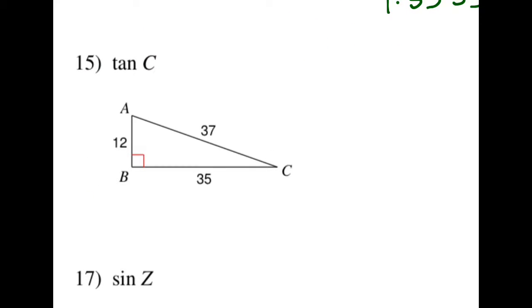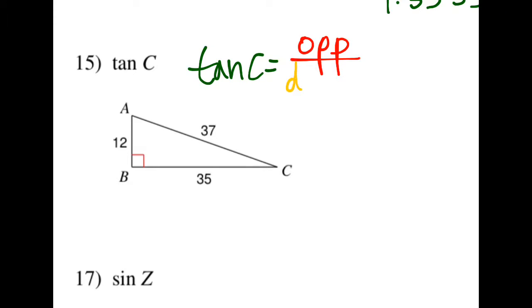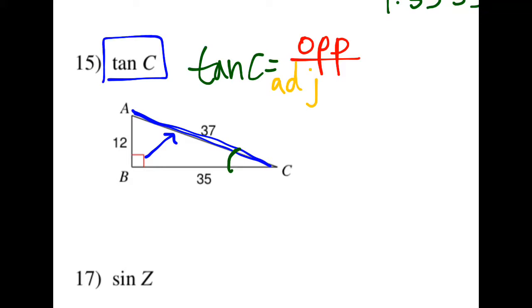All right, tangent again. So we're going to have the tangent of C is equal to the opposite over adjacent. All right, so here's my hypotenuse. I'm not using that, but I'm identifying it when I do tangent so that I don't use that one. Okay, so the opposite of angle C, here's the angles that we're looking at. Remember, if you use the wrong angle, you're going to have everything inverted or backwards.